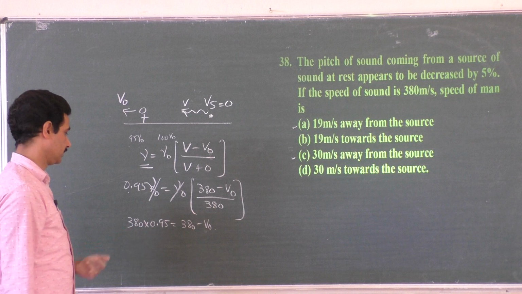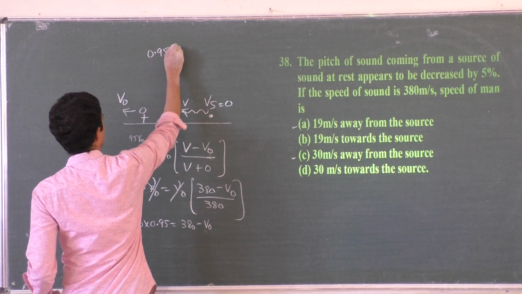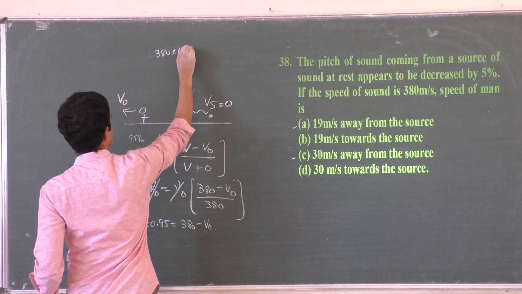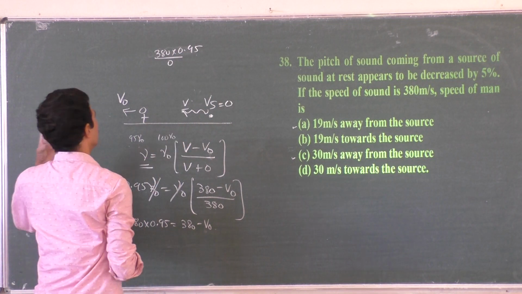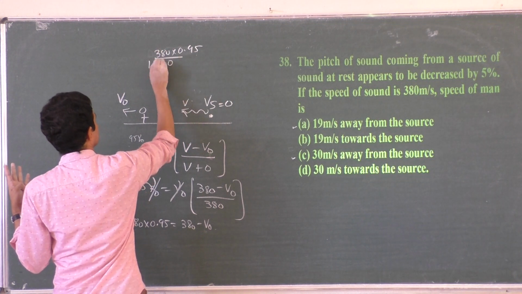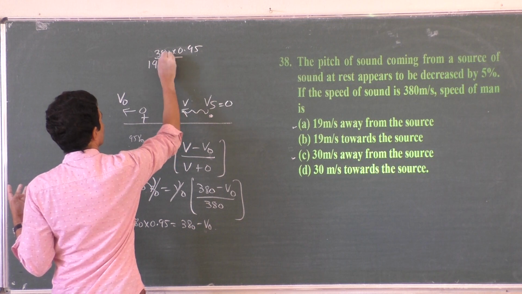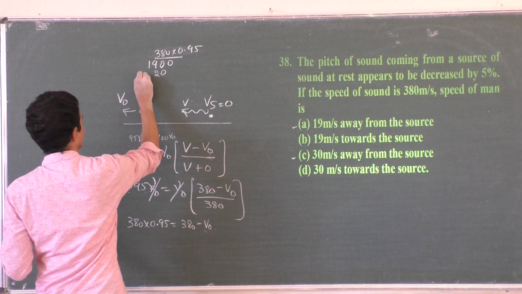How much will this be? We will multiply it: 0.95 into 380, or 380 into 0.95. I have to go for lower classes now. 0, 40, 4 in hand, 19. Then 9, 0, 72, 7 in hand, 25.